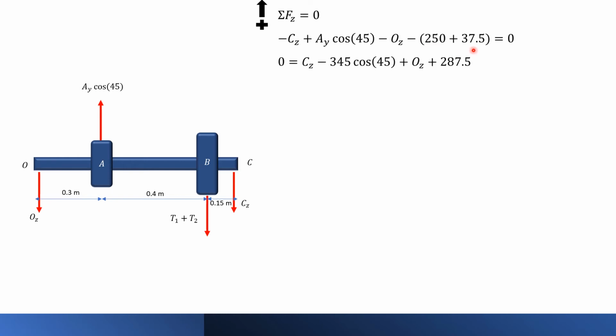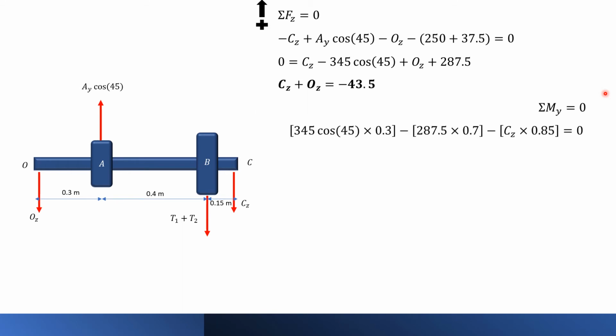And then we simplify the equation to becoming like this. Now, we have to work with the moment to find the value. As I've mentioned before, moment is force multiplied by the distance. For Ay cosine 45, it is 345 cosine 45 times 0.3.